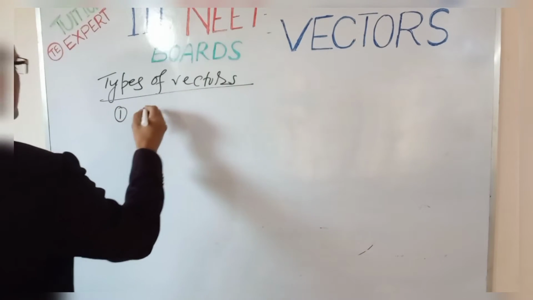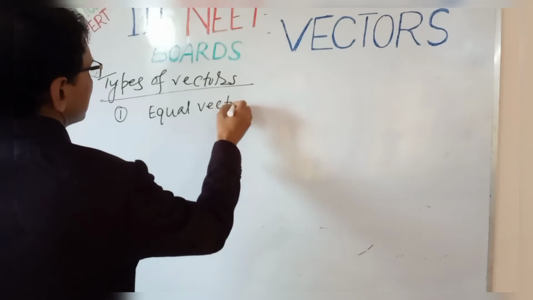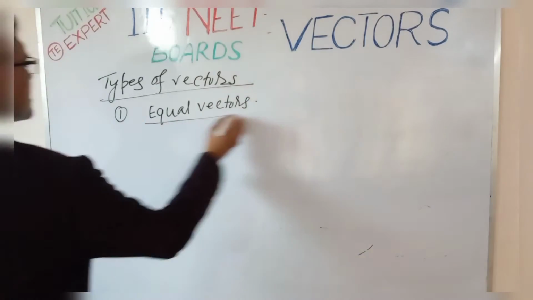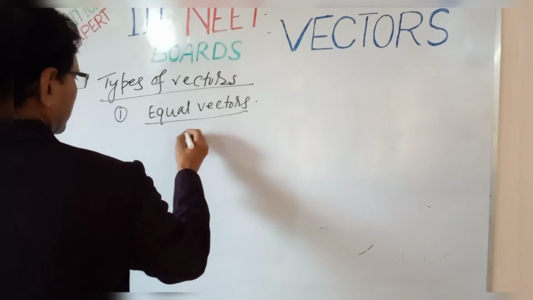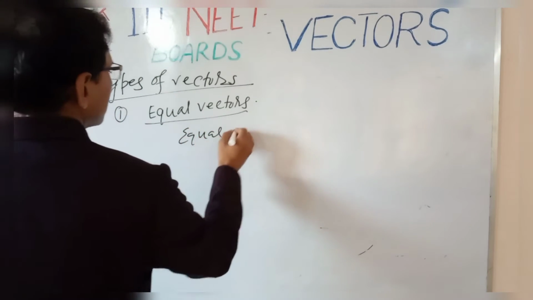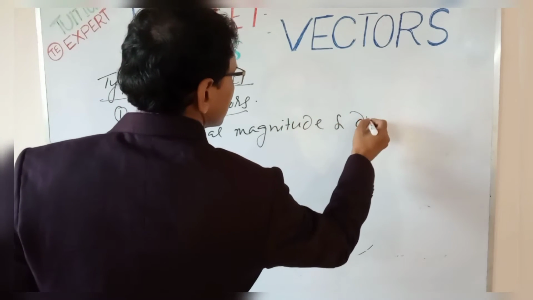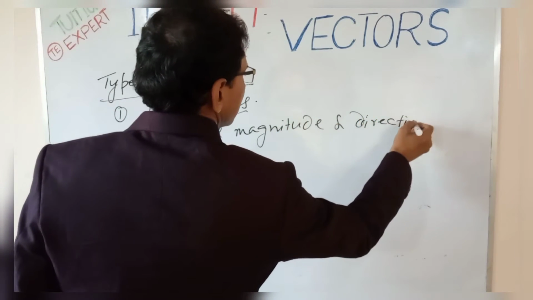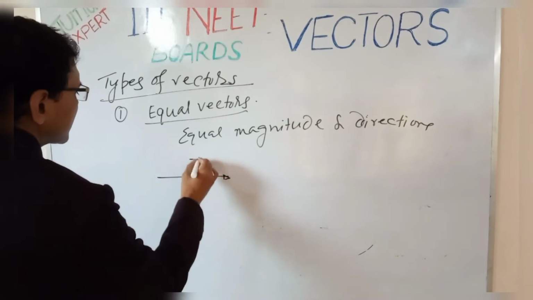First vector is equal vector. Equal vector means it has both magnitude and direction equal. Suppose this is A vector, this is B vector.